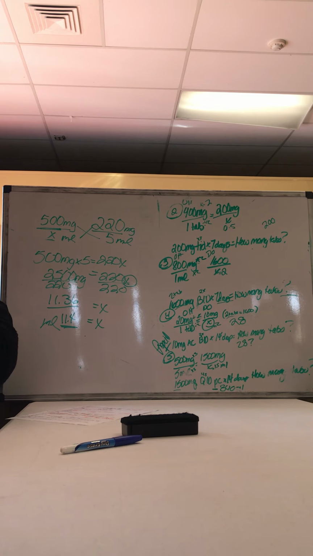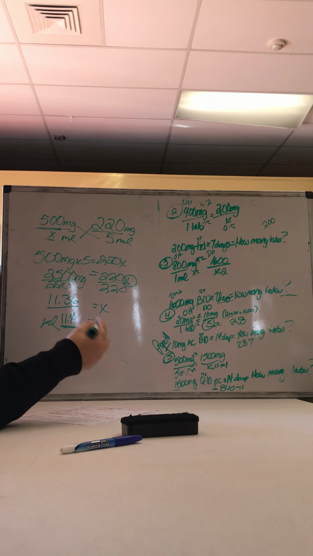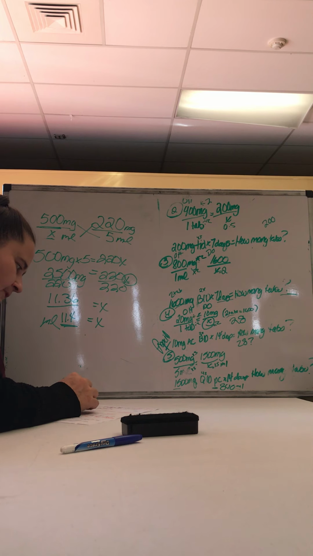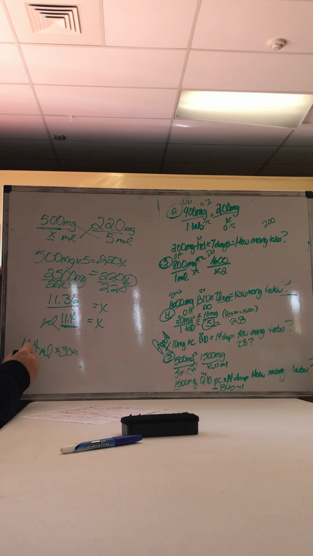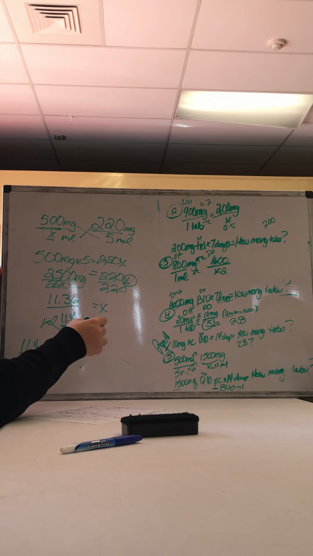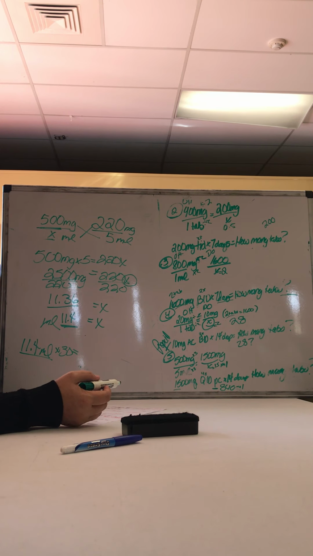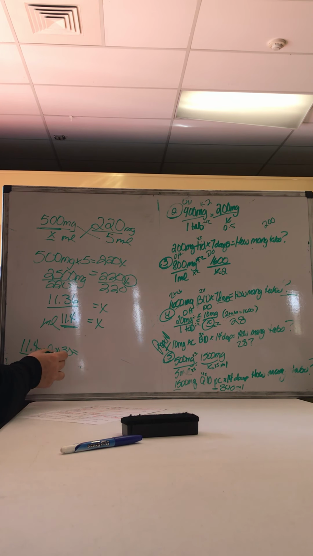Now, what also is in there is they want this 500 milligrams every day for 30 days. So you want 11.4 milliliters, sorry, I keep saying milligrams, for 30 days. So 11.4 times 30. And this is your next question: how many do you give this patient, because they're going to take it for 30 days.